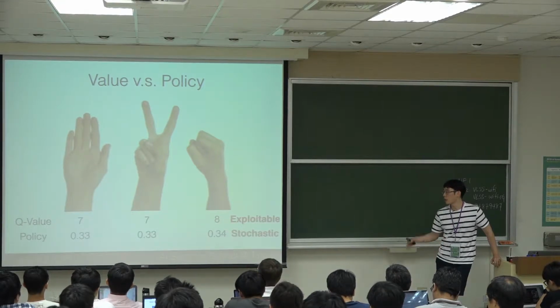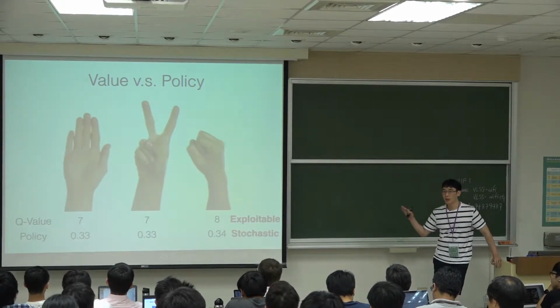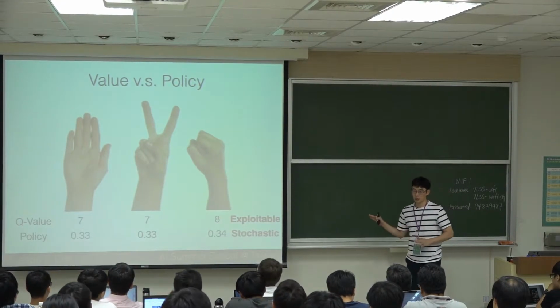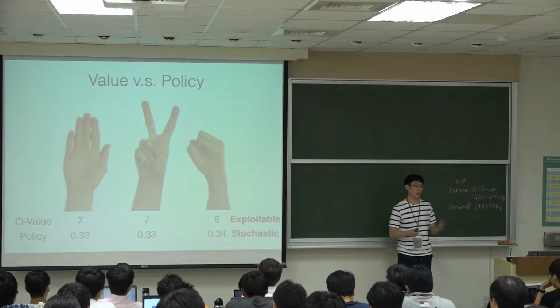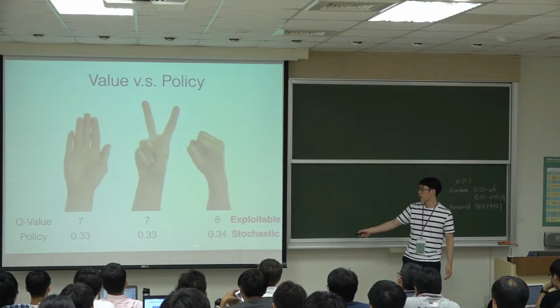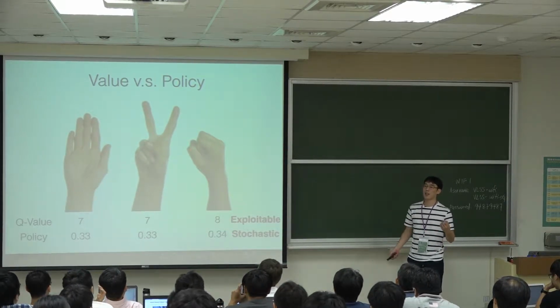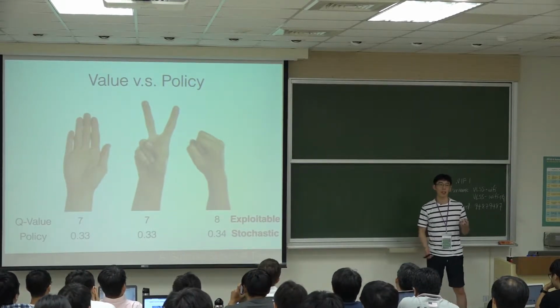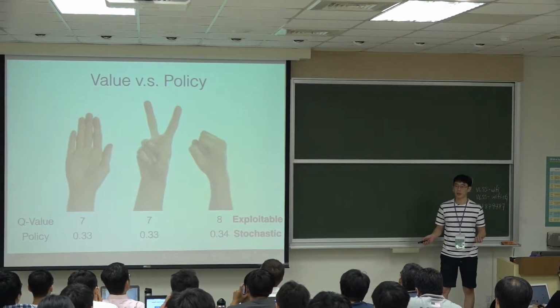Whereas if you do a policy-based approach, the only thing you need to know for now is that this is a probabilistic representation. You don't have to know how to train it. But suppose you have 0.33, 0.33, and 0.34. Because now this has a probabilistic meaning in it, you can sample it.